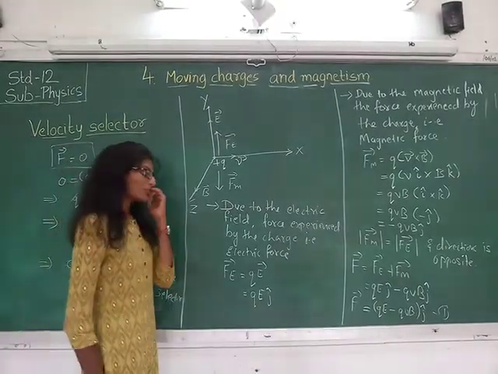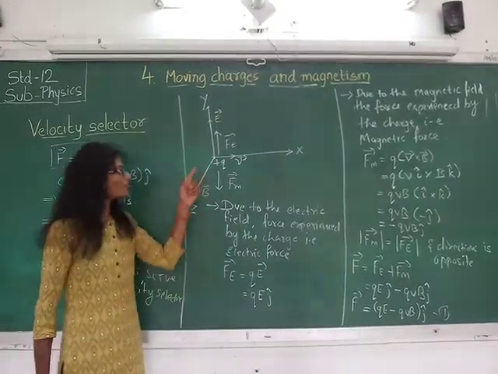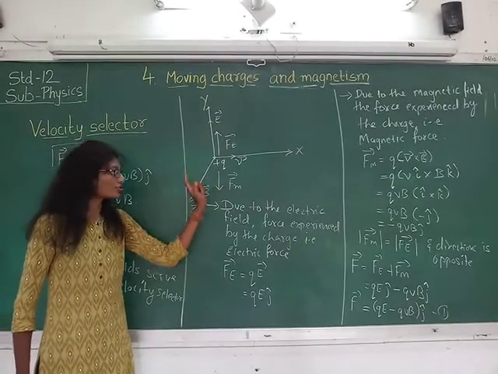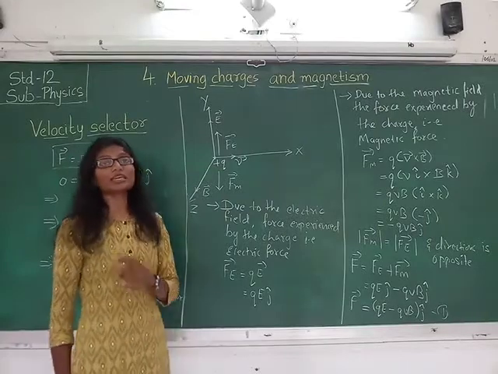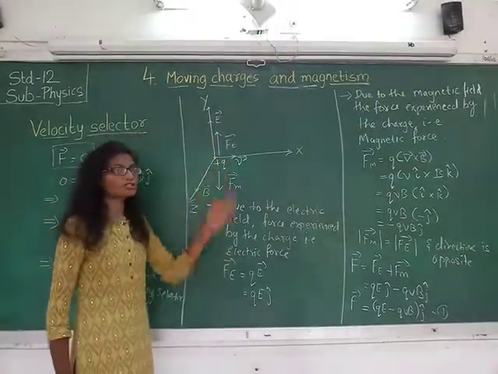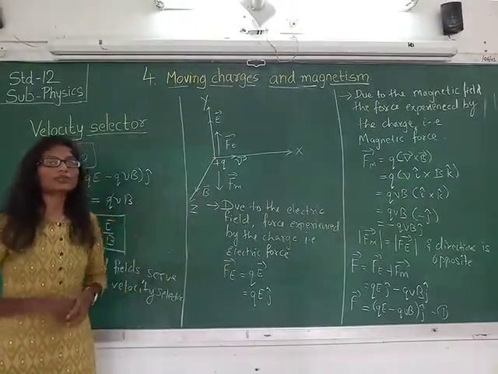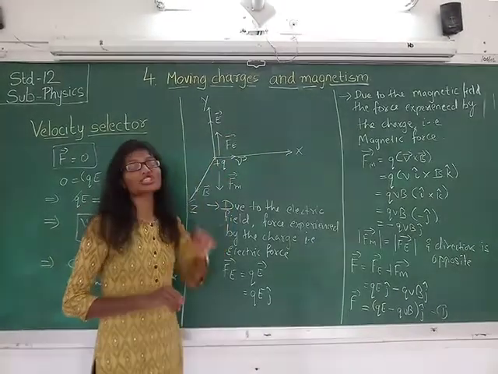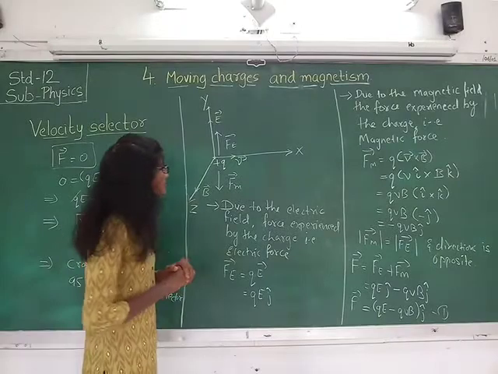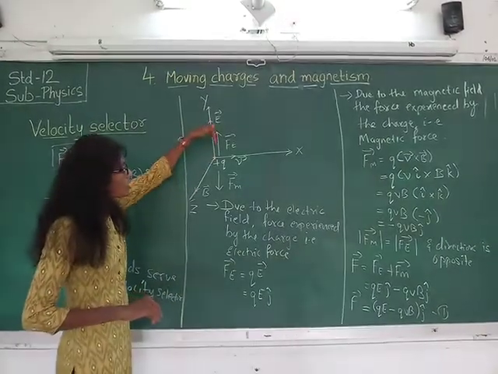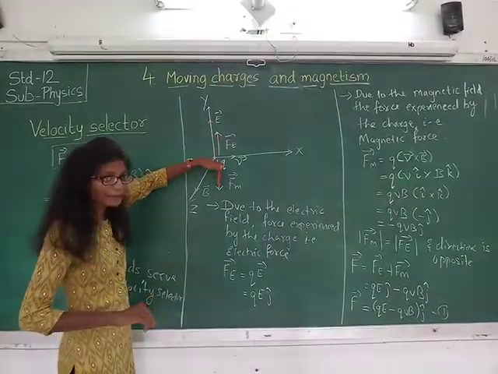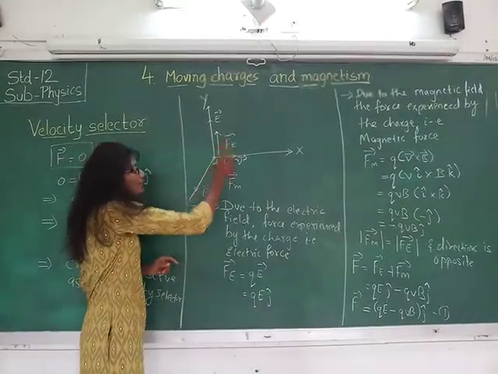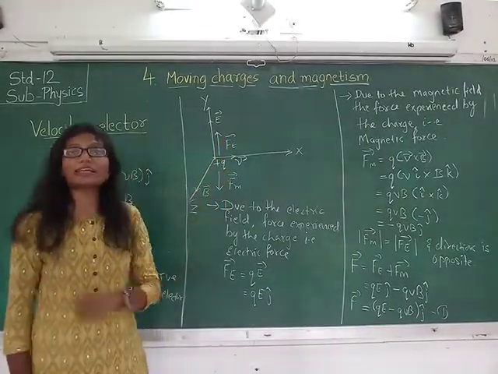Now see, the question may arise that why over here we are taking the magnitude of the electric force and magnetic force to be equal. Directions are opposite, we have taken such type of arrangement. Then why we are choosing such type of condition? Because the values are same and direction is opposite, that means the electric force nullifies the magnetic force.